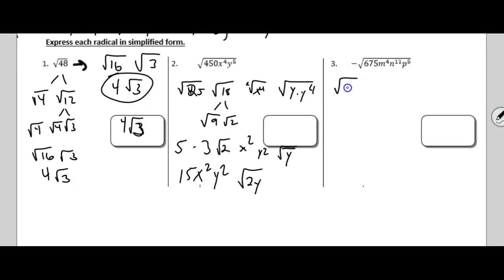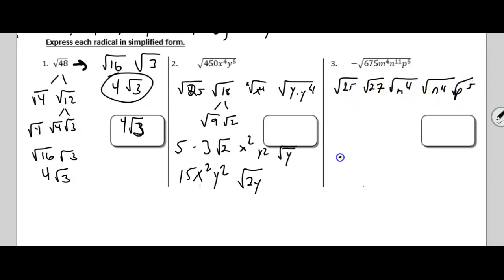I think 25 is a good bet, so let's go 25 and 27. And then we have m to the fourth, n to the 11th, p to the fifth. I just like to break it all up, guys, so I can see it.